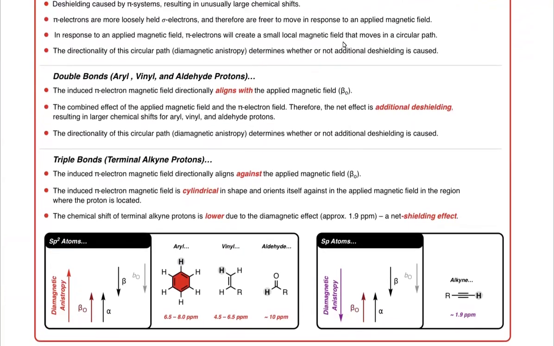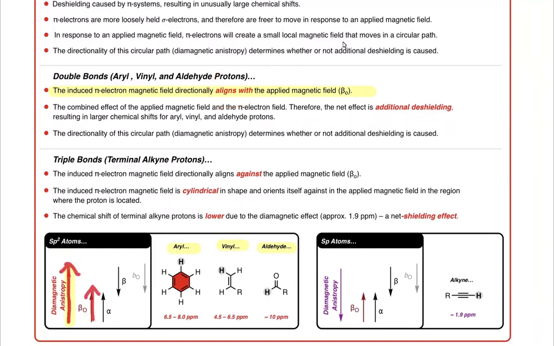Now, specifically, when you're looking at, say, your aryl protons, your vinyl protons, or an aldehyde proton, those are protons on an sp2 pi system, on a double bond. And during the subjection of that compound to the radio wave in our H1 NMR spectrum, what's going to happen is the induced pi magnetic field, which is our diamagnetic anisotropy, is going to align directionally with the applied magnetic field.